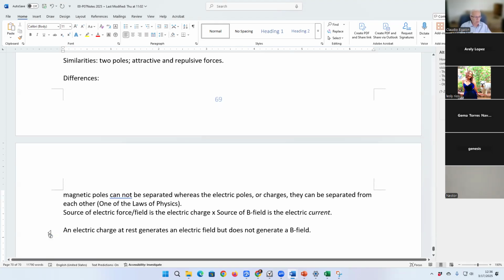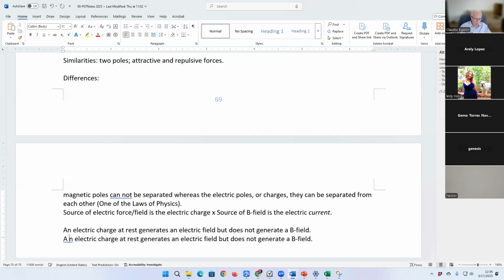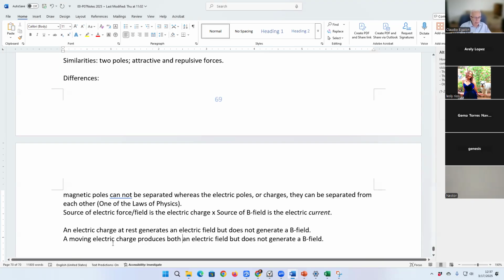However, if you make this charge move, a moving electric charge produces both an electric field and a magnetic field.